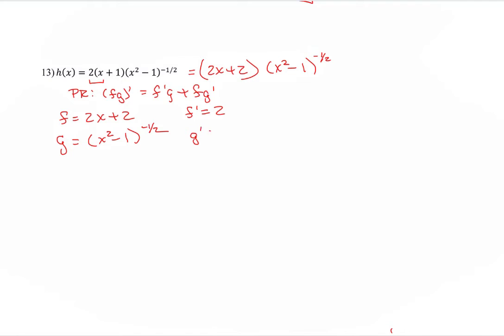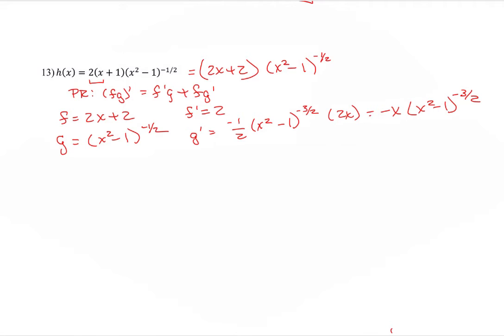So g prime equals negative 1/2 times x squared minus 1 to the negative 3/2, times 2x. This can be simplified. So what I get there is negative x times x squared minus 1 to the negative 3/2.